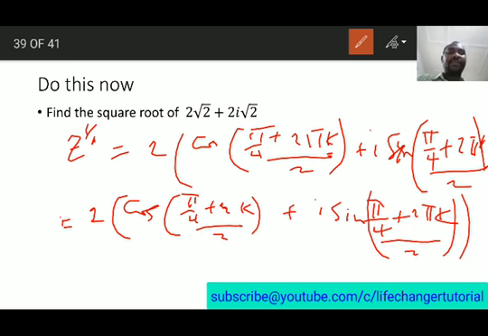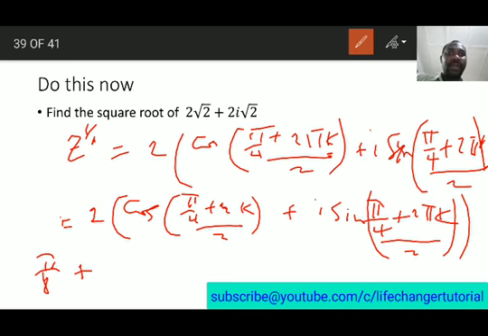Let's divide through by 2: pi over 4 divided by 2 is pi over 8.